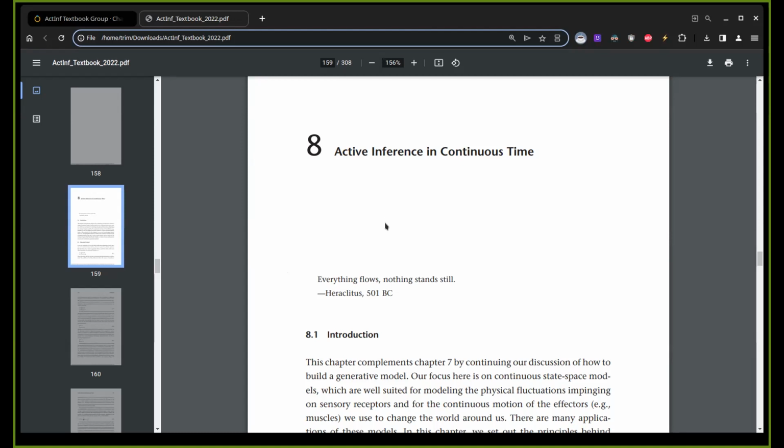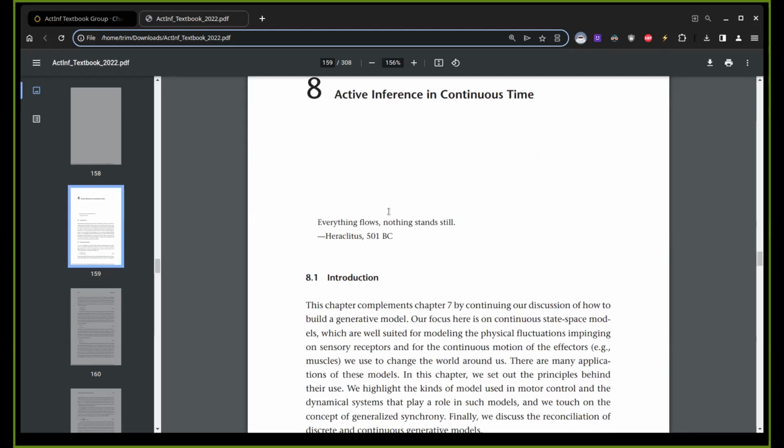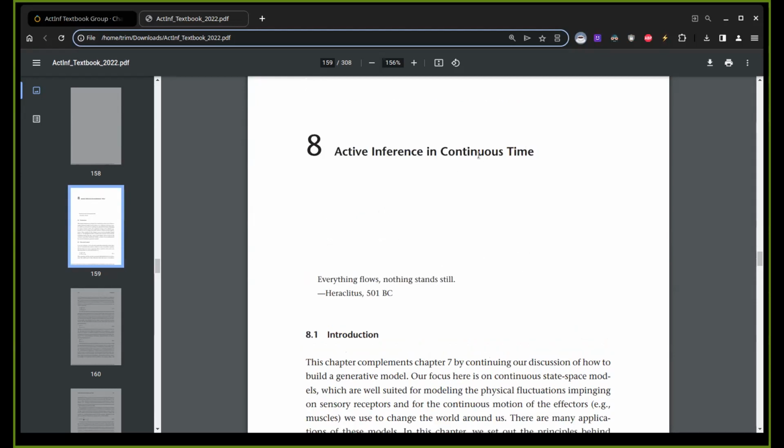For example, a model with two layers where the lower level is continuous time and the higher level is discrete time. So that represents a decision-making central nervous system that's dispatching commands to a continuous time sensory motor body. And that is also explored in the folk psychological active inference work, where you can get the synthesis of continuous and discrete time models.